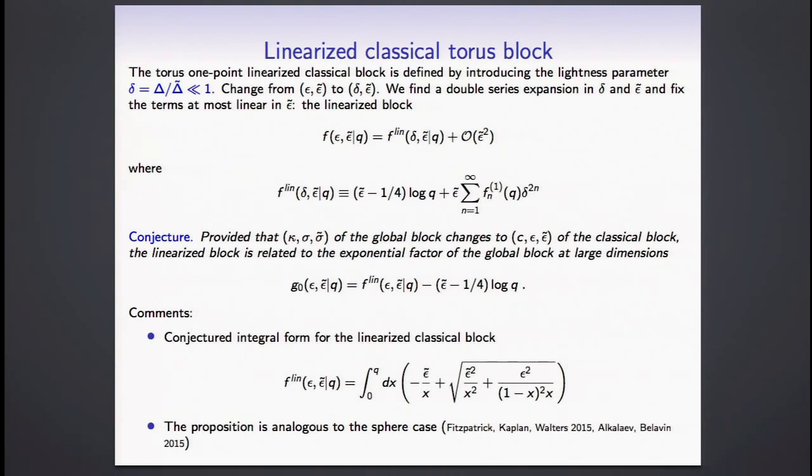So we conjecture that the linearized conformal block on a torus in the one-point case is given by this integral. And finally, let me comment that this relation is analogous to what happens in the sphere case, for 4-point blocks and 5-point blocks.